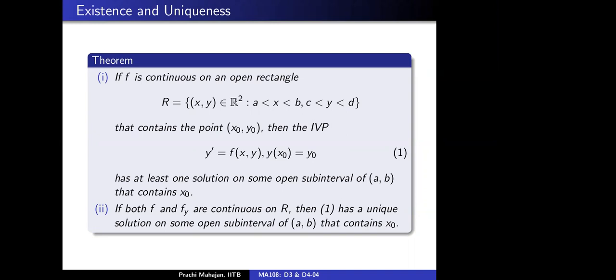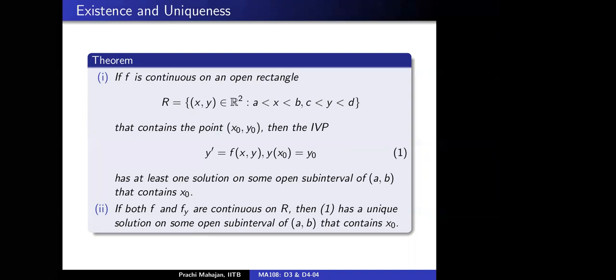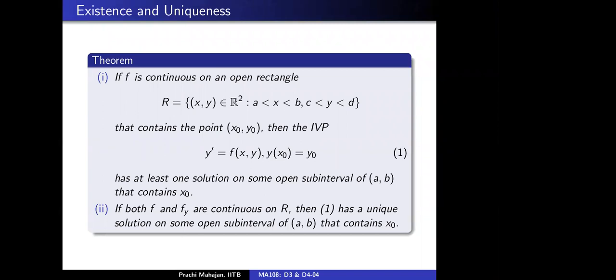Ma'am, if in dy by dx the denominator comes out to be 0 for some value of x or y, should we be taking that into some other consideration? If we try to understand what 1 by 0 means, it's like a vertical line.